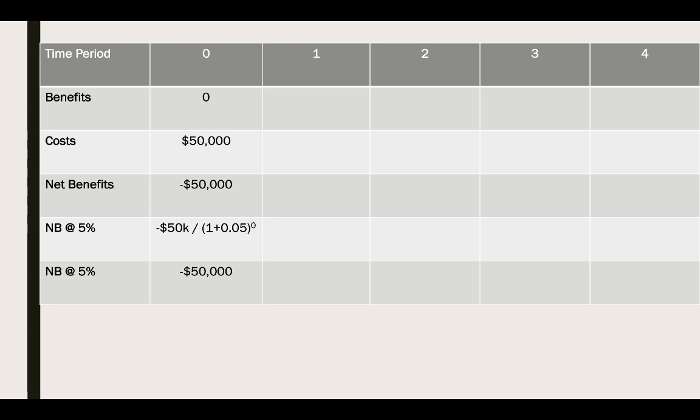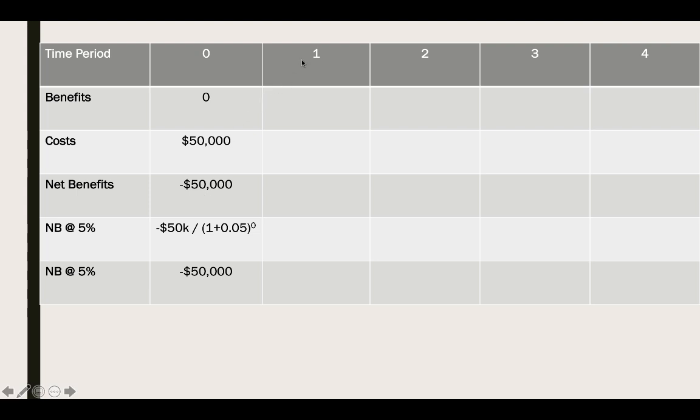I am just starting to invest. My time period is 0. Anything raised to the power of 0 is 1. So there at the bottom, I've got a net benefit at a 5% discount rate of negative $50,000. So that's in time period 0. This is my initial investment in my program, in my project.